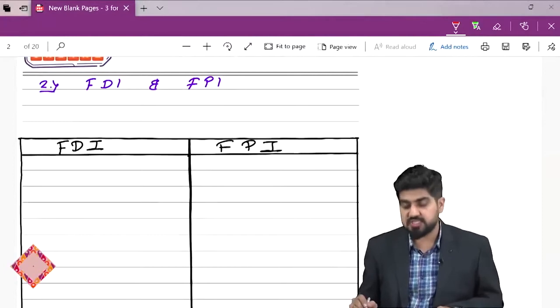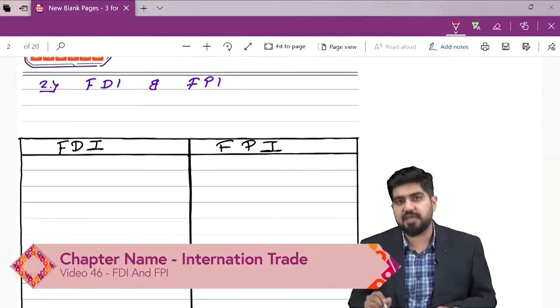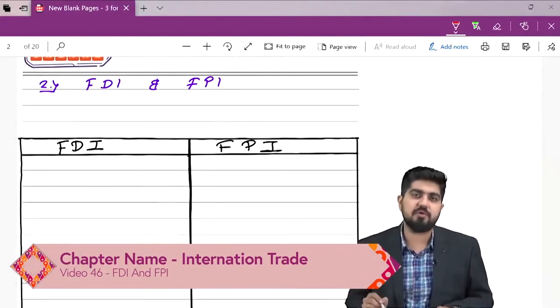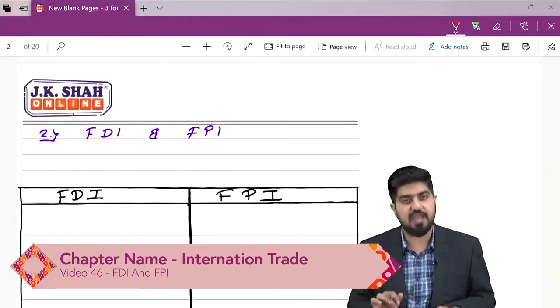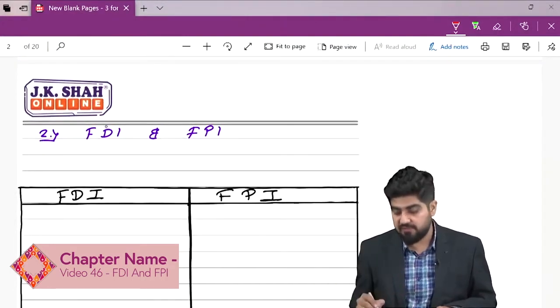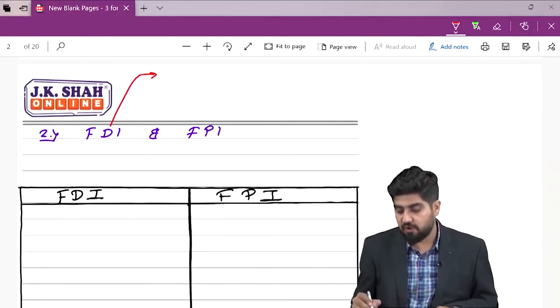Okay, so next one is FDI and FPI. Now you are very well aware about the full form of FDI and FPI, friends. FDI stands for foreign direct investment.